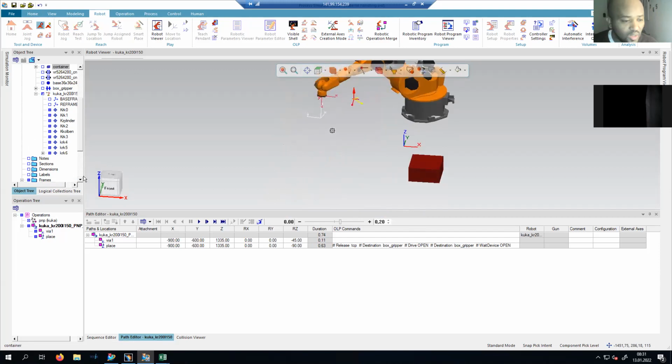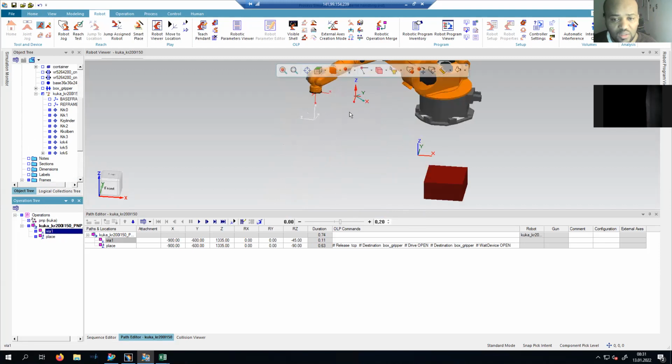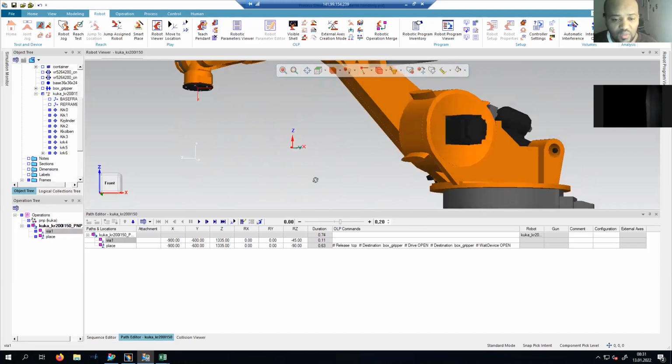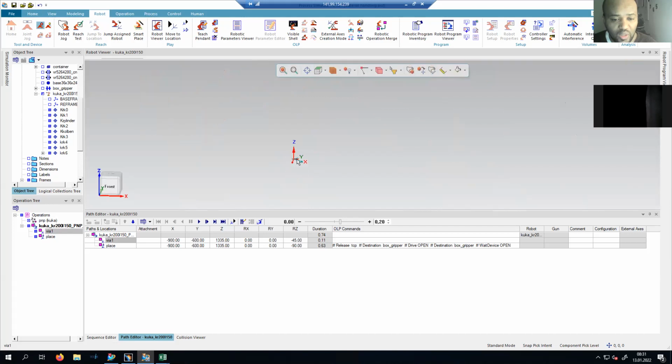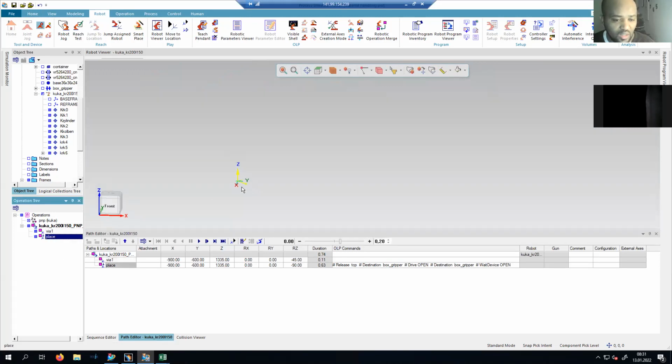So now VR1 is here, the blue one, and place is this one, again the blue one. The red one is place, and the yellow one is our VR point.